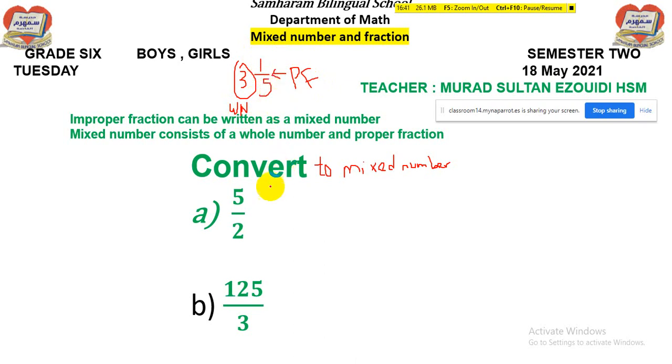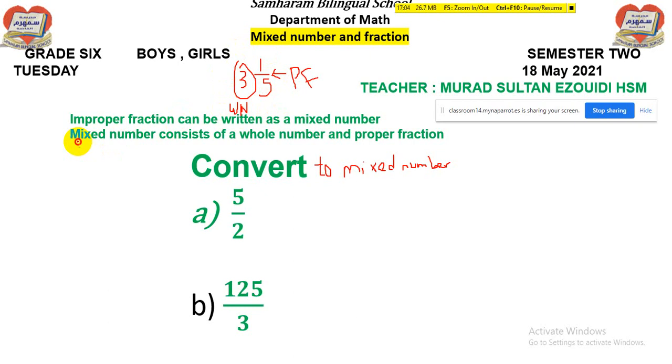Clear? So here, in order to change from an improper fraction, we should know two facts. The improper fraction can consist of a whole number and a proper fraction, and this whole number and proper fraction together is called a mixed number.